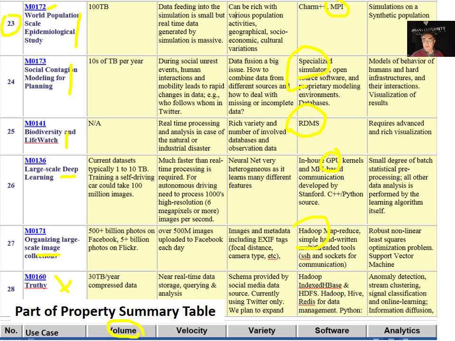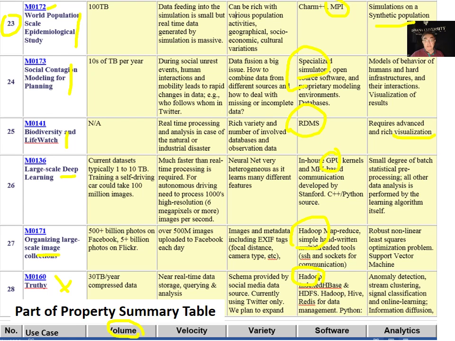Here it involved Hadoop. Here also Hadoop. What is the analytics? Anomaly detection, large-scale least squares analysis, statistics, visualization, and so on. Simulations over populations, models of behavior of people.